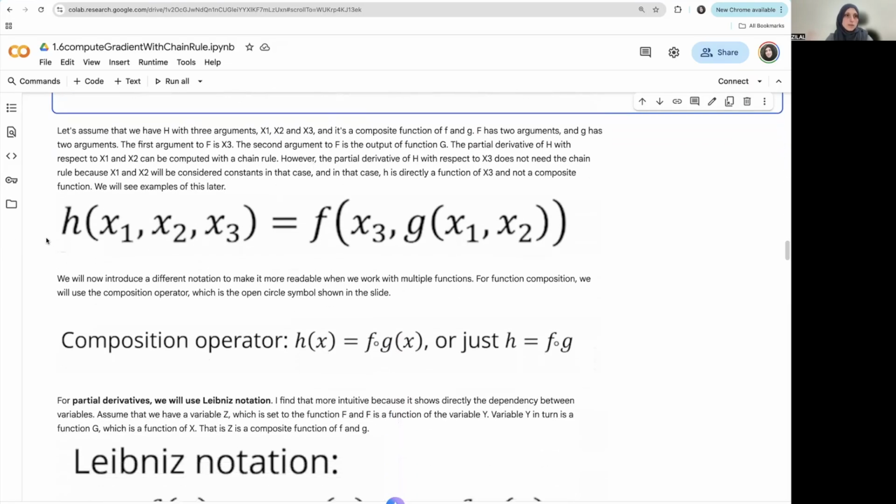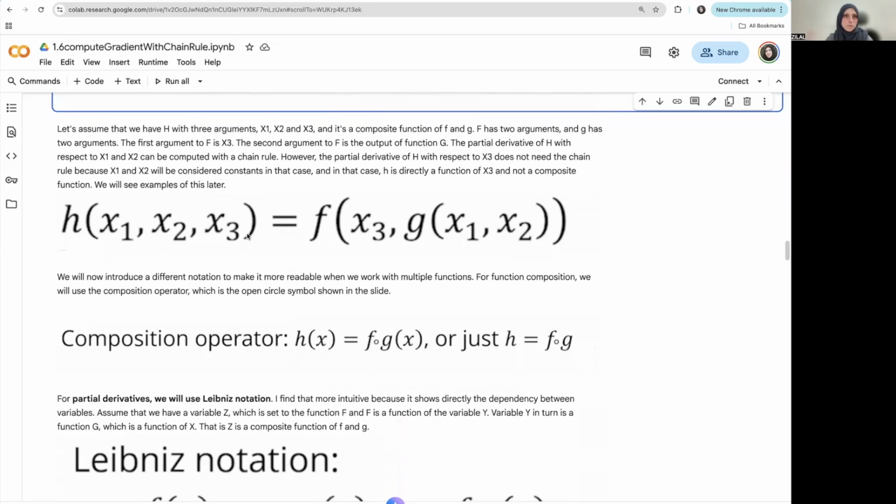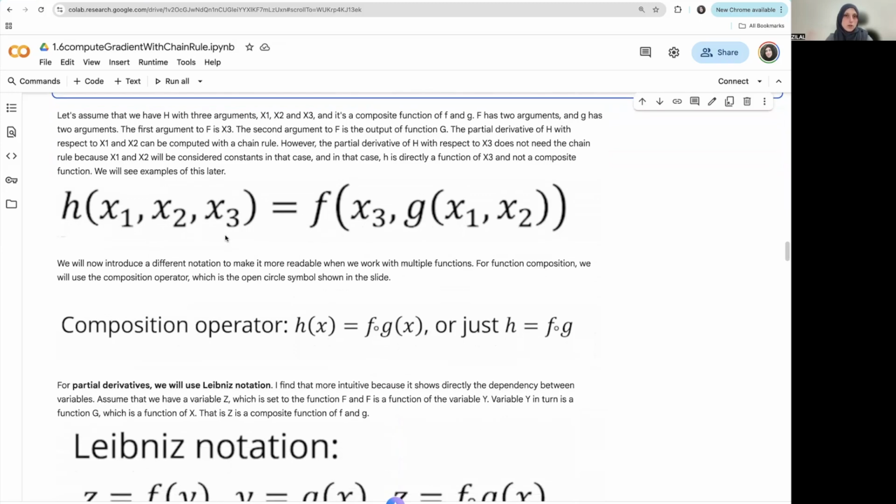Let's assume that h has 3 arguments, x1, x2, x3, and it's a composite of functions f and g. F has 2 arguments, x3 and the output of the g function, and g has 2 arguments.